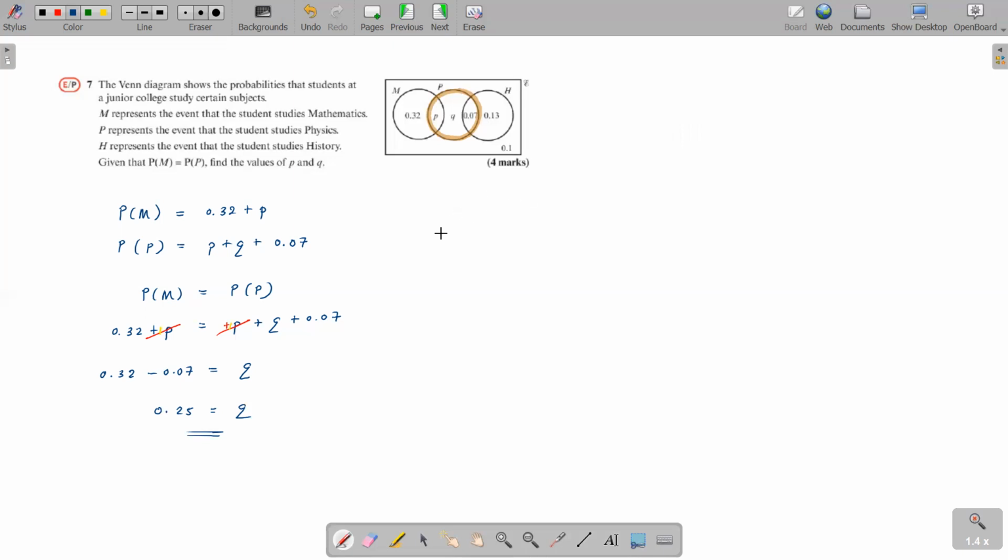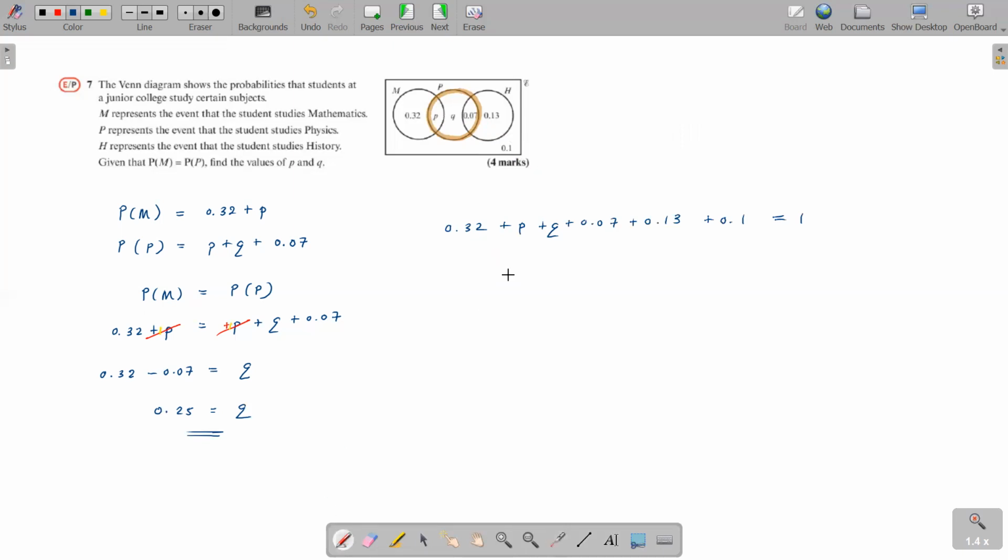So total probability is 0.32 plus p plus q plus 0.07 plus 0.13 plus 0.1. Everything adds up to 1. Can you see? The total probability, everything adds up to 1.